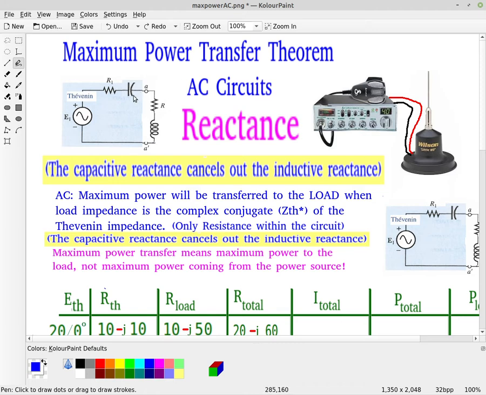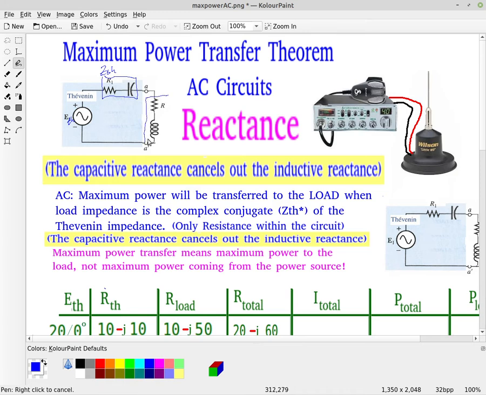What we want to consider here is a Thevenin equivalent circuit, so this would be E Thevenin, and I have a Thevenin impedance, Z Thevenin, which includes some resistance, in series with a load.